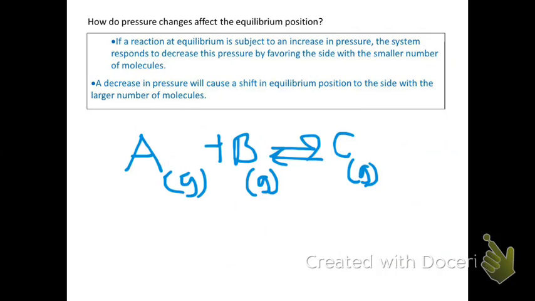There are 2 moles of A gas versus 1 mole of B gas. So there are more moles of reactants than there are of products. Now this is going to have a significant impact.